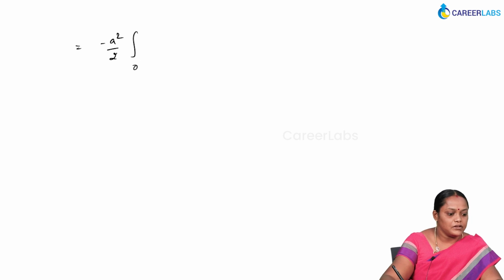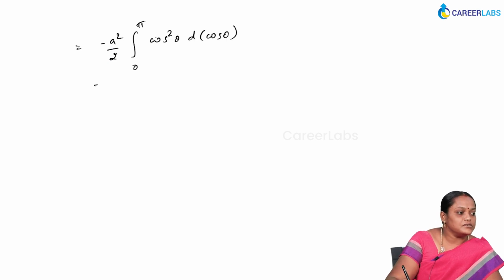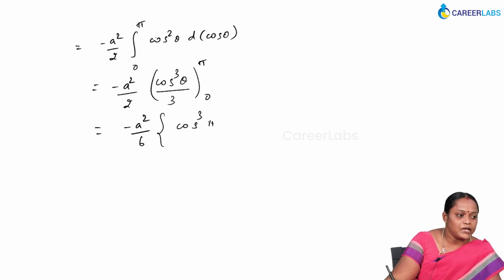We already have integral 0 to pi cos square theta into differentiation of cos theta. So instead of this, we can apply the concept of x power n. So this will become cos cube theta divided by 3 over the limit 0 to pi. So this is nothing but minus a square by 2, 3 twos are 6. So the remaining will be cos cube pi upper limit minus lower limit.